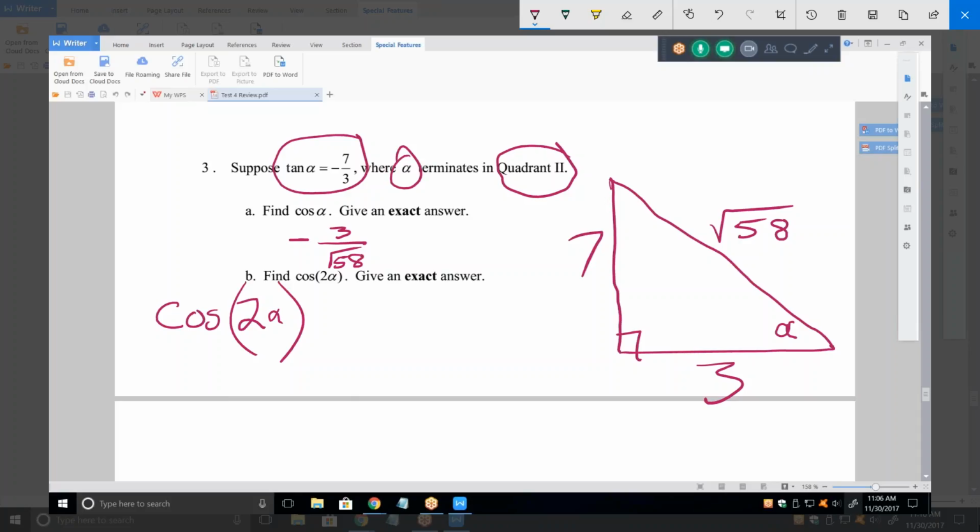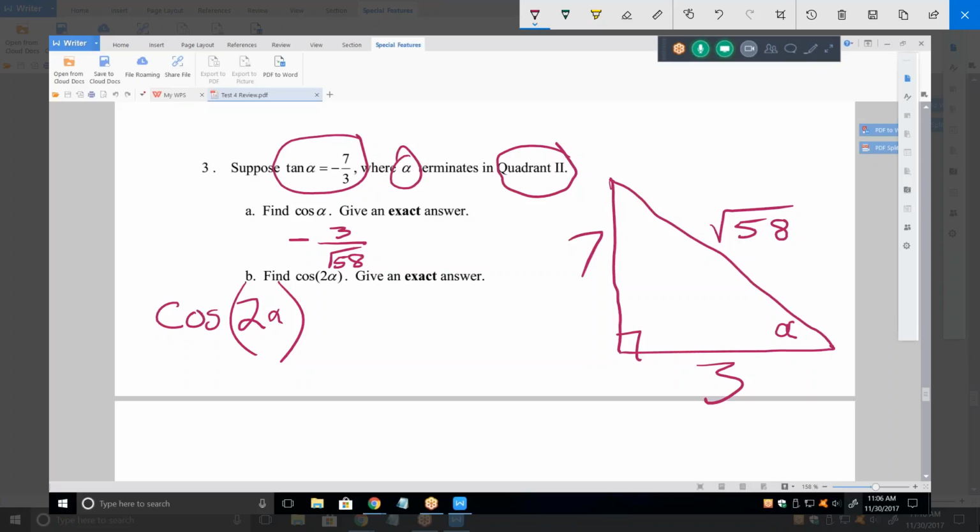You might think you'd use your calculator here to figure out alpha and then figure out the cosine of alpha, but that's not the way your teacher wants you to do it, and that's why they say give an exact answer, not a decimal answer. A decimal answer would not work, and yet that's what you would get out of your calculator. So this question is very definitely designed to be done without a calculator. You have to use this technique.